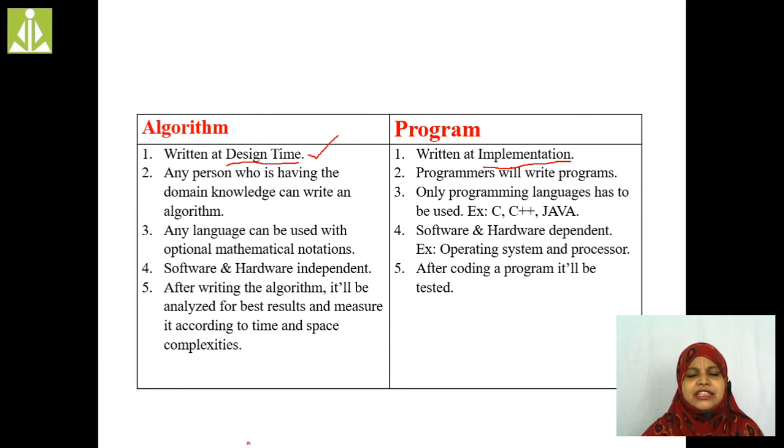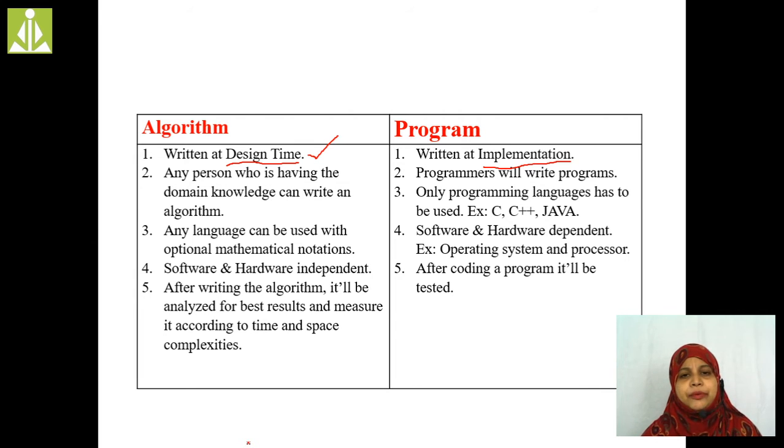For example, take any project. While designing a project, different types of members are present in that project. Managers are there, programmers are there, testing people are there. The manager also knows what type of project you are going to design, the programmer knows, and testers also know.